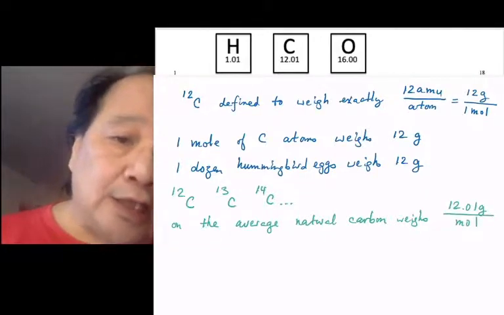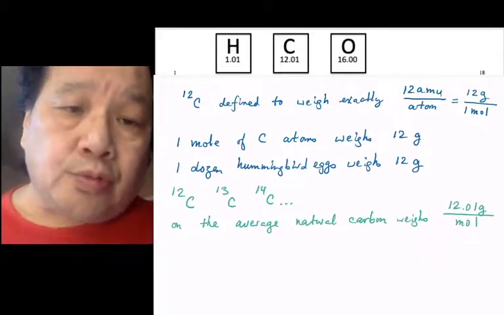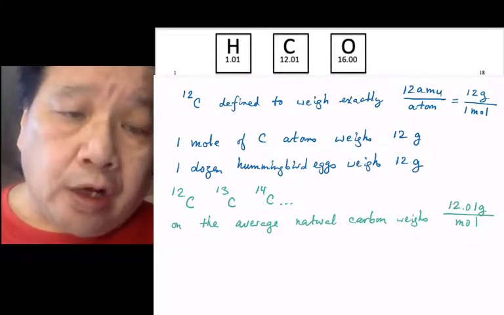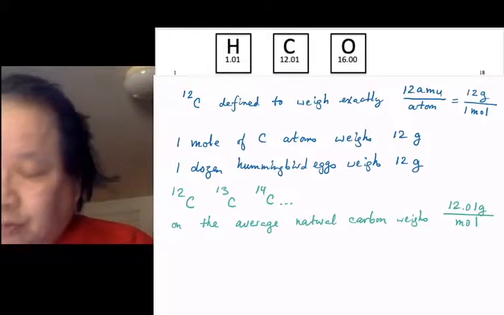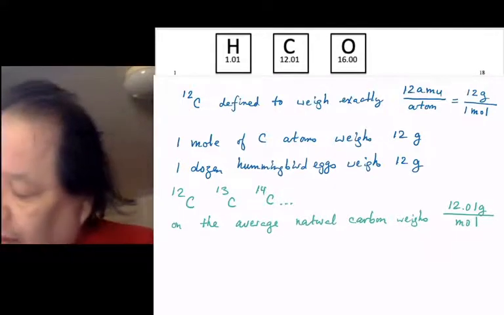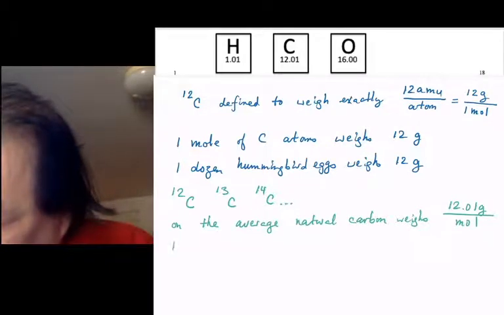So if we have exactly the same number of carbon atoms as 1 mole of carbon-12, instead of weighing 12 grams, it weighs 12.01 grams. And this natural thing is called the natural abundance.